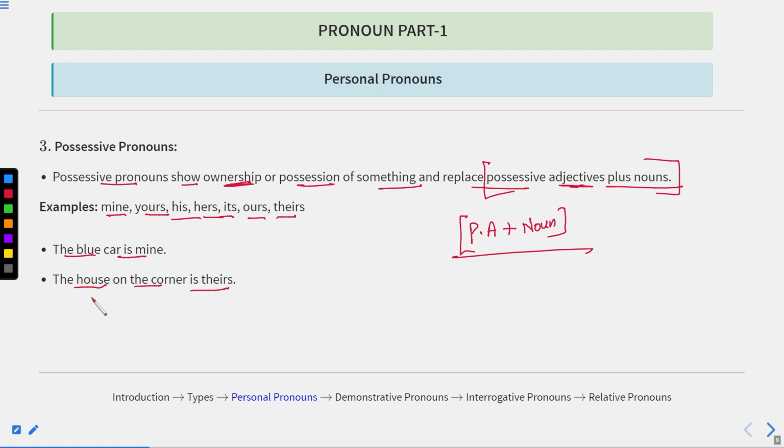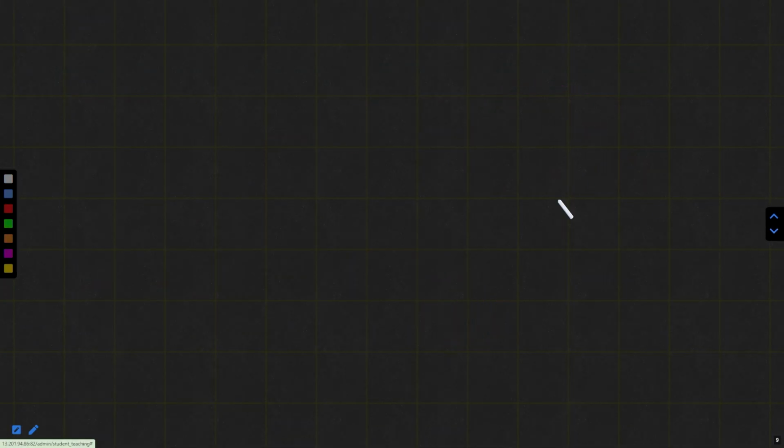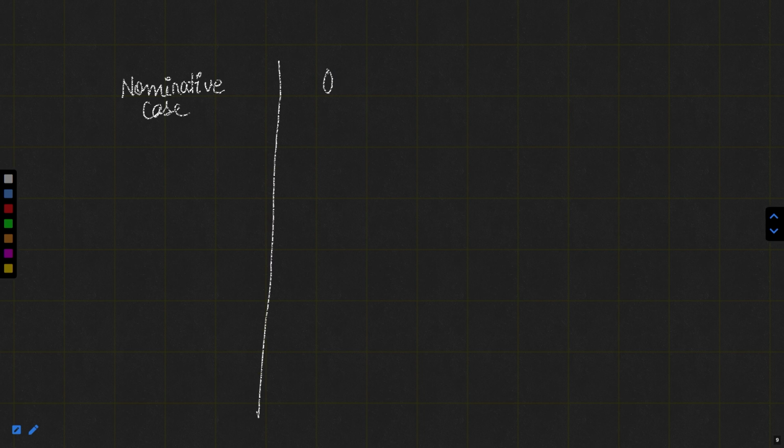Now, how do we make these possessive case, adjective case, objective case or the nominative case? Let me tell you with the help of a table. We have three types. One is the nominative case, which is also known as the subjective case or the subject pronoun. Another is the objective case, and after this we have the possessive case.